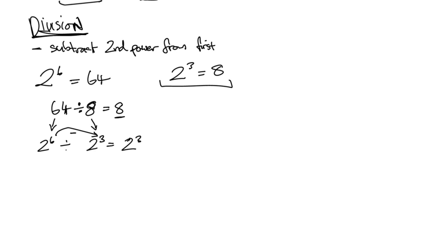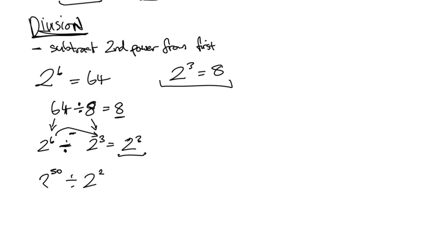So what has happened between this 6 and this 3? It's been subtracted. So that is the rule. It's just the opposite of timesing the powers together. It's dividing this time, and instead of adding the powers together onto the same base number to get the answer, you just take them away.